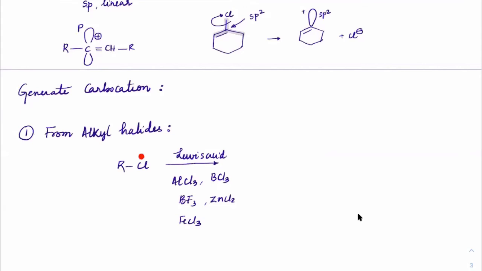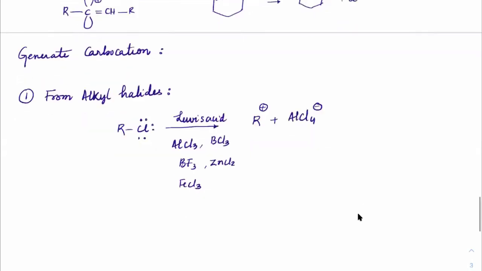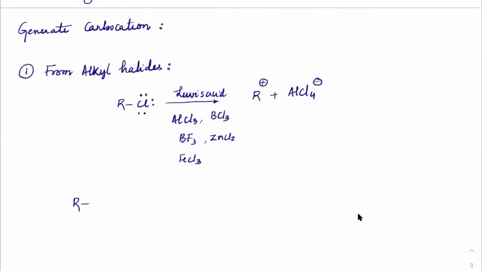Chlorine has lone pairs present on it, so it can act like a Lewis base. Chlorine will give electrons to the Lewis acid and comes out as Cl minus. So you will get R+ and it will form AlCl4 minus. Imagine this way: RCl has three lone pairs present on it, and we have AlCl3 with an empty orbital. This lone pair will be donated to the empty orbital and it will take away electrons from the breaking bond here, making a heterolytic fission.